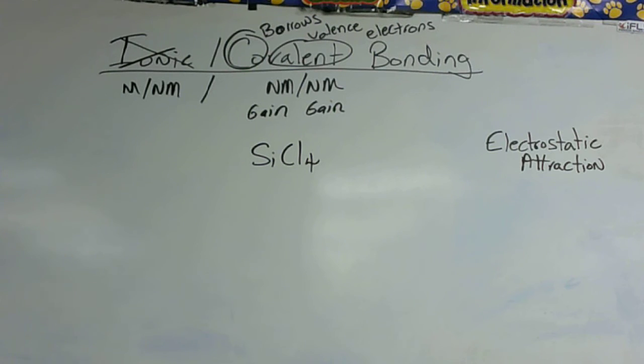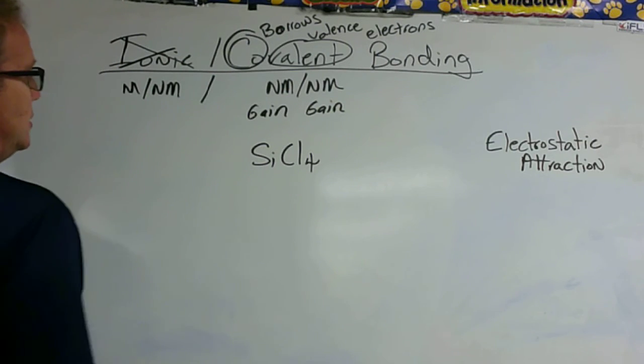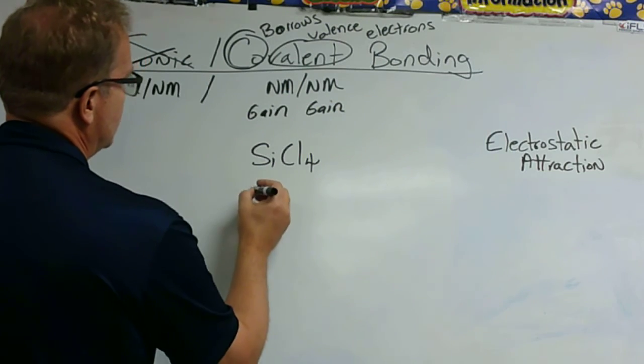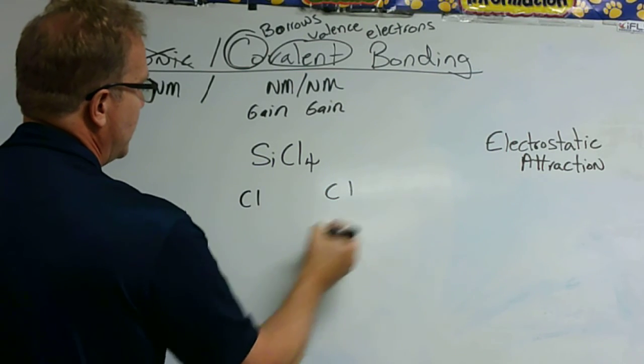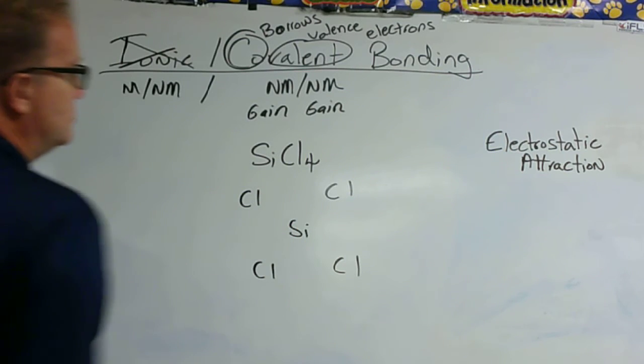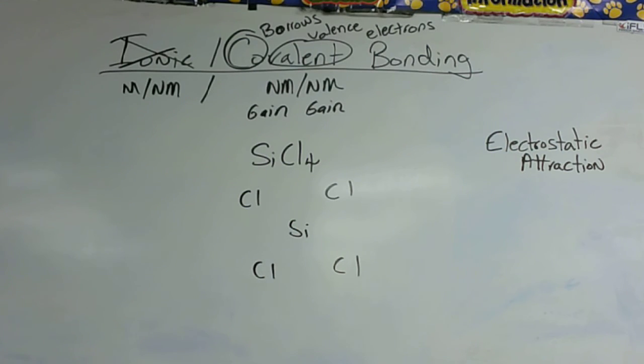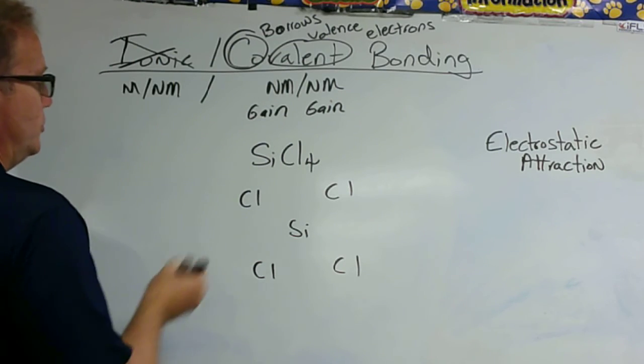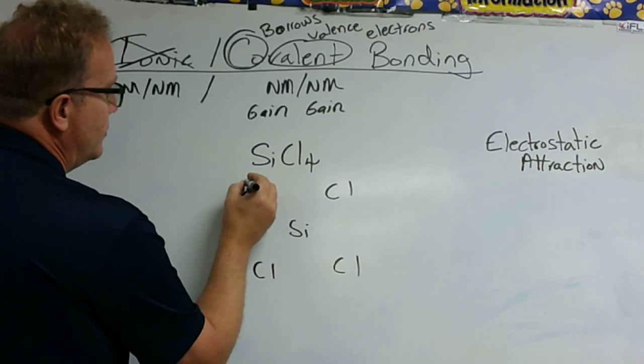Again, covalent compound, Si and Cl are both nonmetals. They want to gain. I have my chlorines here because, again, lower amount goes in the middle. It just kind of makes sense. It would look kind of weird if you put 4 chlorines in the middle because it just wouldn't work.